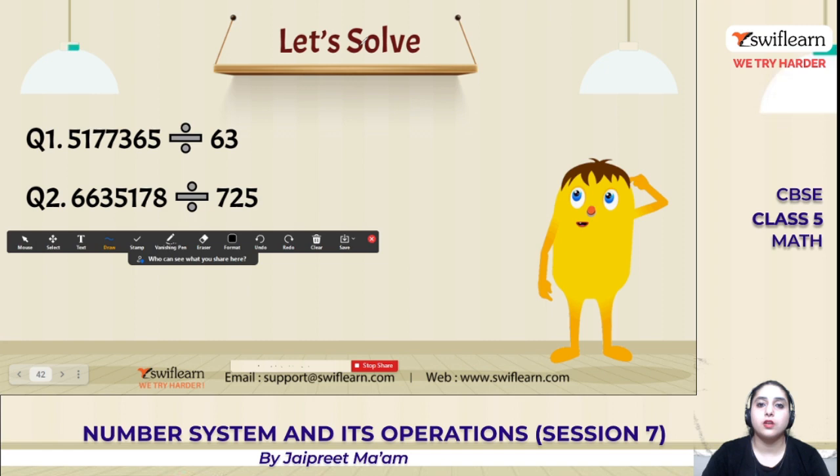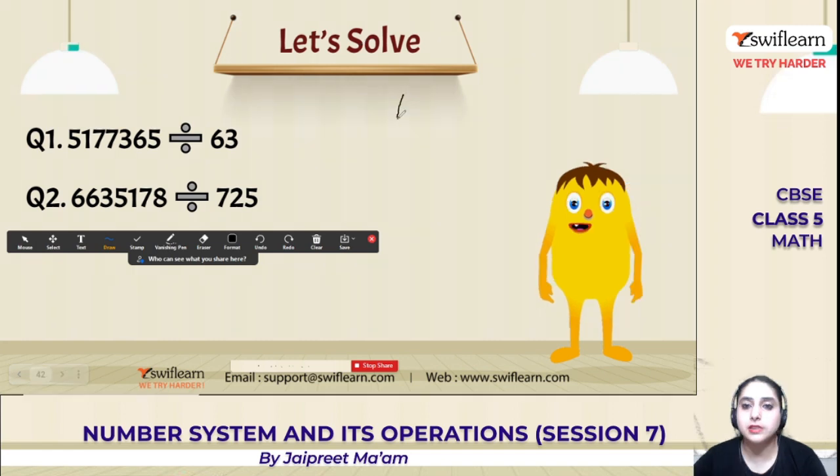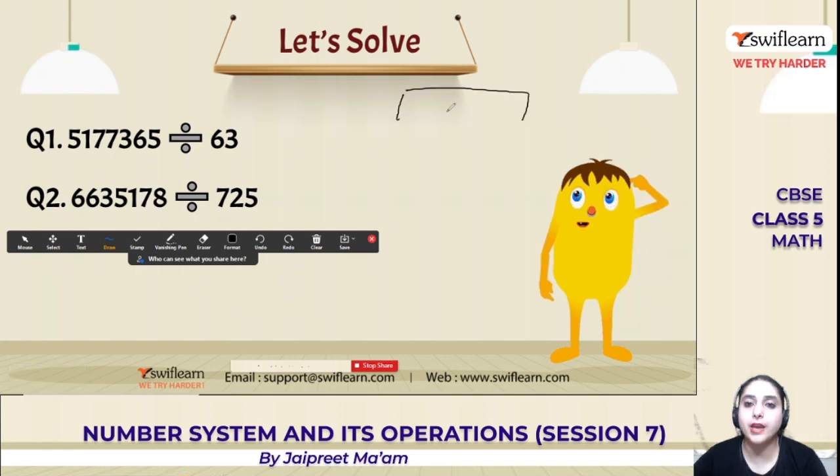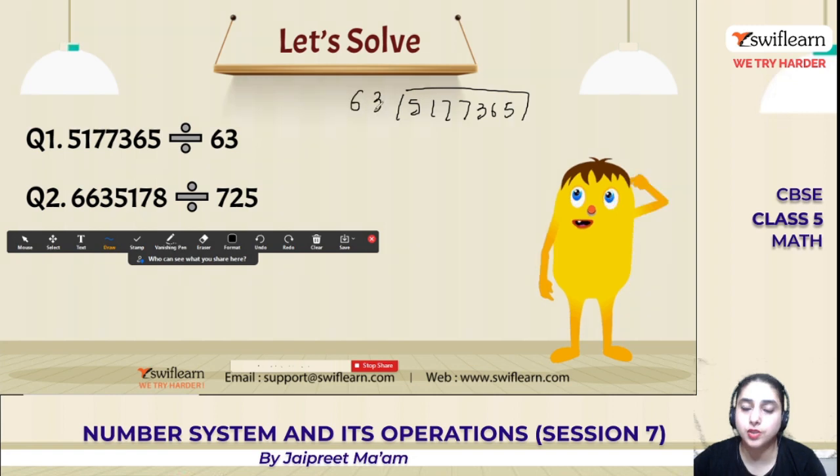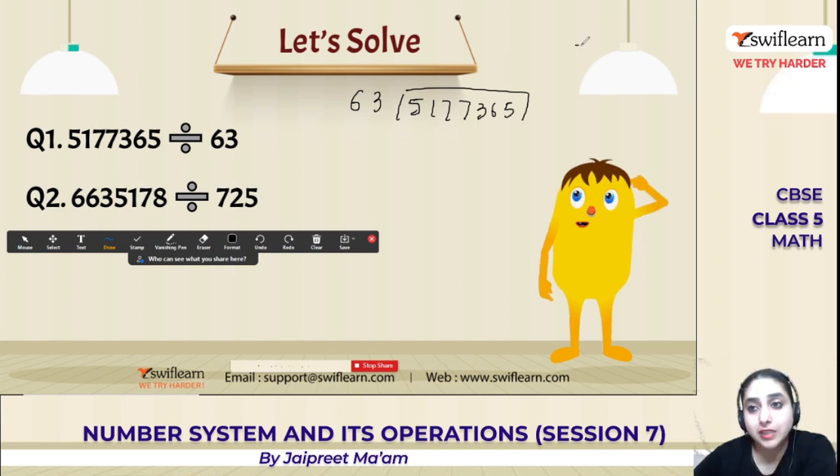Inside the box we have to write 517736. Okay, we have to divide it by 63. First we will check the 2 digits, that is 51. 51 is less than 63. So then we have to check the 3 digits, that is 517. And 517 is much greater than 63.